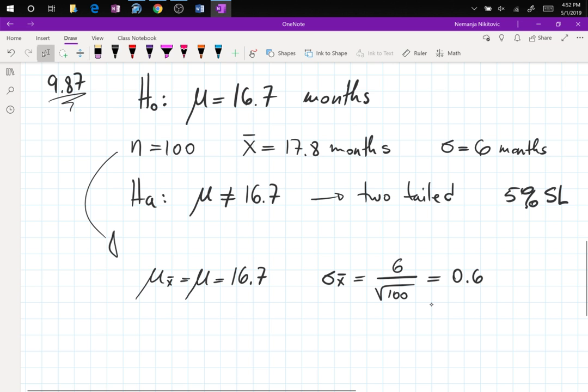So this is what we have to work with. Now your z-score is x bar, 17.8, minus 16.7, divided by the standard deviation of 0.6. This is going to be 1.1 divided by 0.6. Let's see.